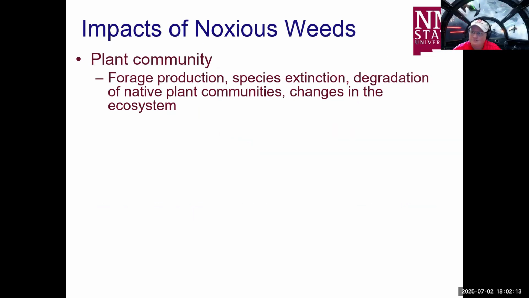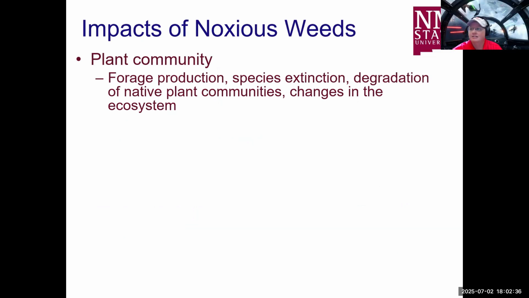We talk about the impacts of noxious weeds specifically. There's, of course, impacts on the plant community. Forage production yields start to go down. You have species extinction as they start pushing out some of our endangered native populations, or they're taking over complete areas entirely. There's degradation of native plant communities, changes within the ecosystem because we've lost our native plant structures.